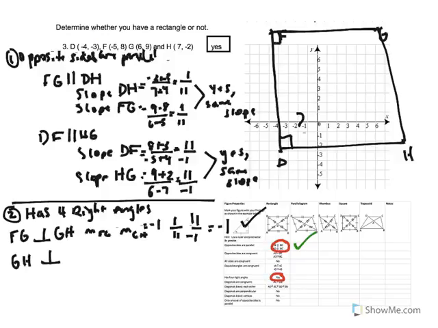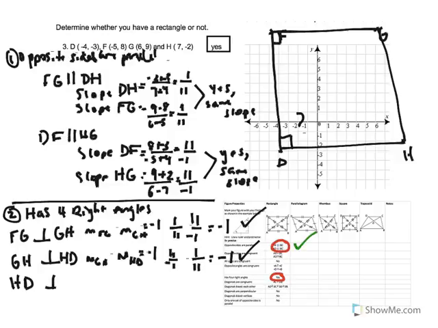We need to prove next if GH is perpendicular to HD. So if the slope of GH times the slope of HD equals negative 1, then the two lines are perpendicular. So let's see. The slope of GH is 11 over negative 1, and the slope of HD is 1 over 11. Multiply those together, we get negative 1. Those two lines are perpendicular.